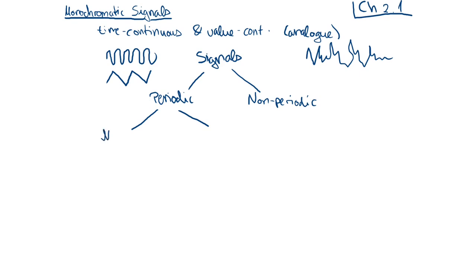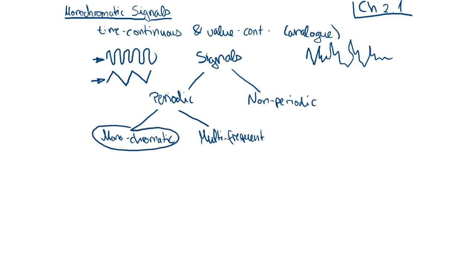So monochromatic signals is a signal like this, and multi-frequent signals is a signal like this. Yeah, we will come back to this later. And as you can see in the title of this slide, this part will be about monochromatic signals.